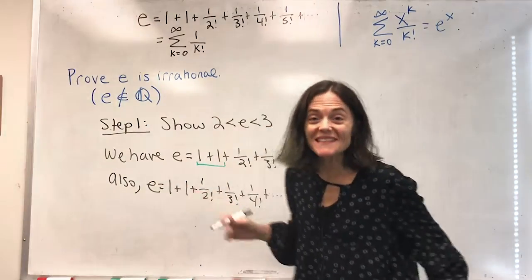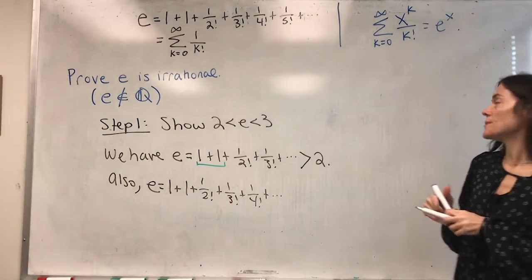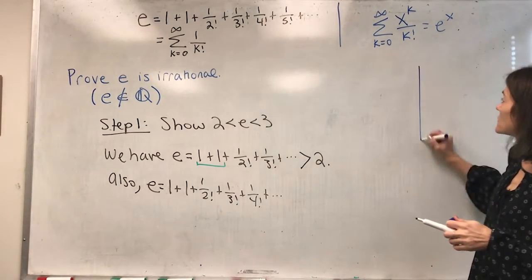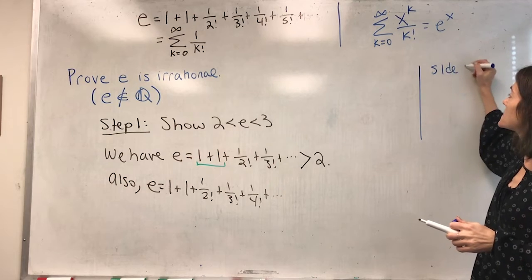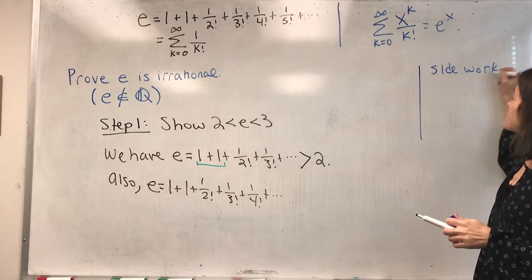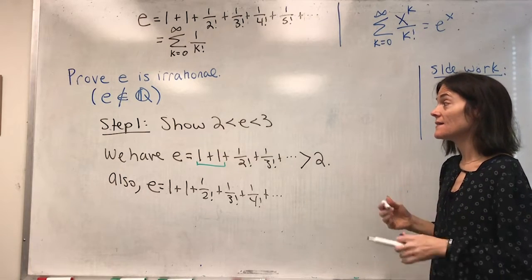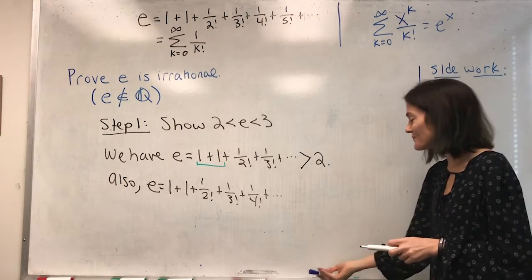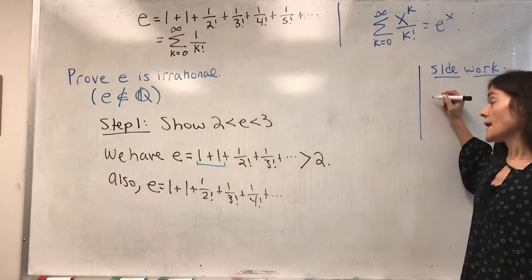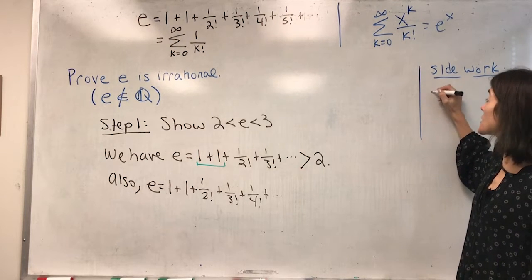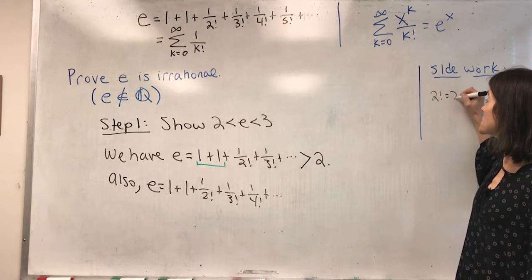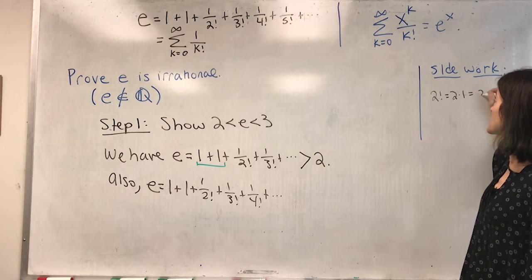But I will come to the side and do a little bit of work. So this is a little side work box. Right now I am only trying to show that e is less than 3. Okay, if I look at 2 factorial, this is 2 times 1, this is 2.